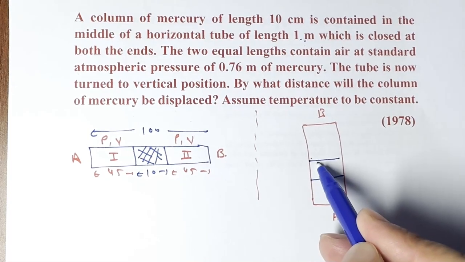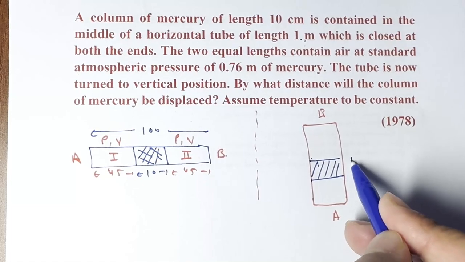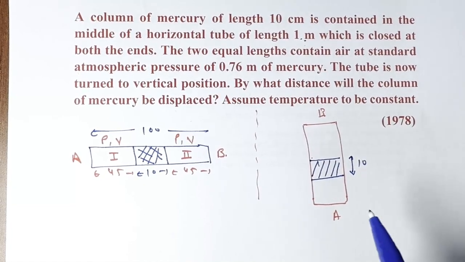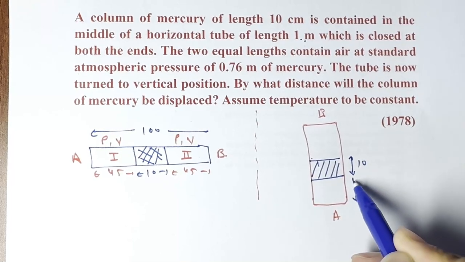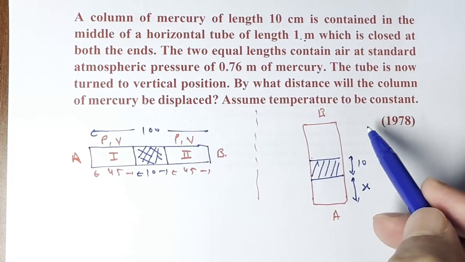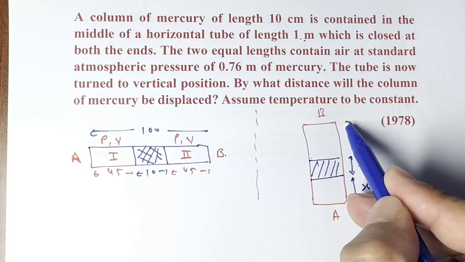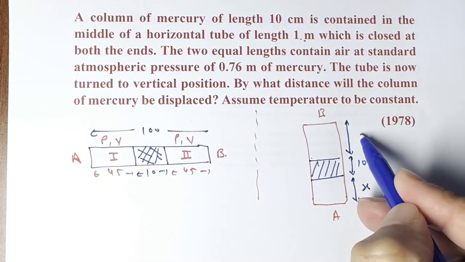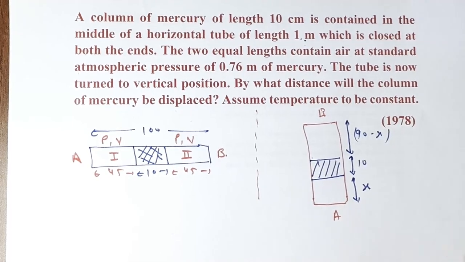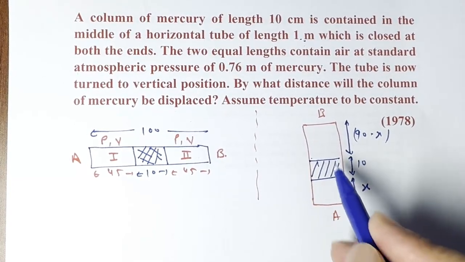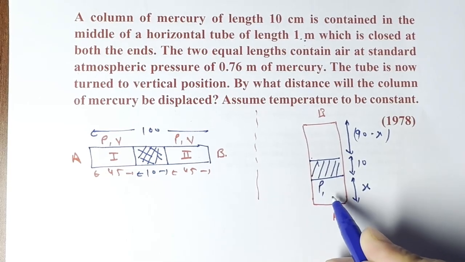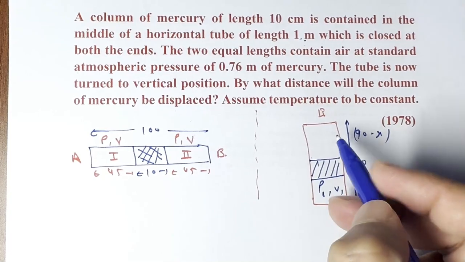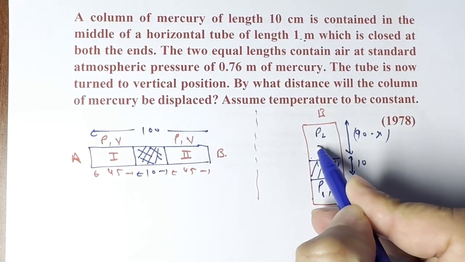So let us suppose this is the mercury column and its length is 10 centimeter, and this is end A, and here we assume that the length of the air pocket is now X. So this air pocket will be 90 minus X. As the mercury column has shifted a little in the downward direction, we say the pressure is P1 and volume is V1, and here pressure is P2 and volume is V2.